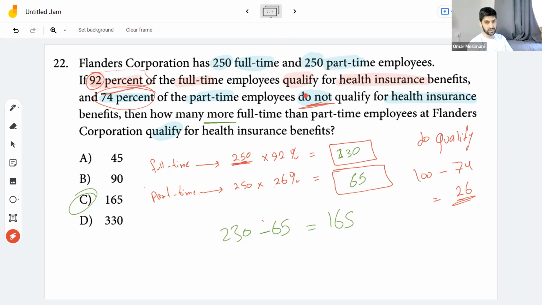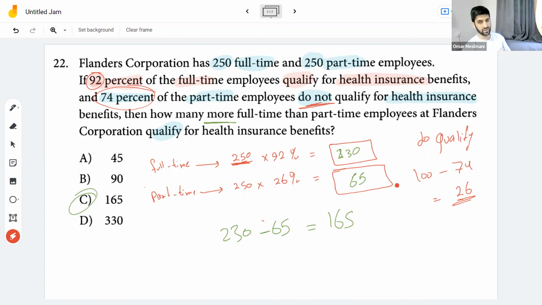92% qualify for the health insurance. So the 92%, I'm going to take them because he said qualify. The second one, he said 74% do not qualify. You understand? In the first one, he gave it to you as qualify. In the second one, he gave it to me as do not qualify.